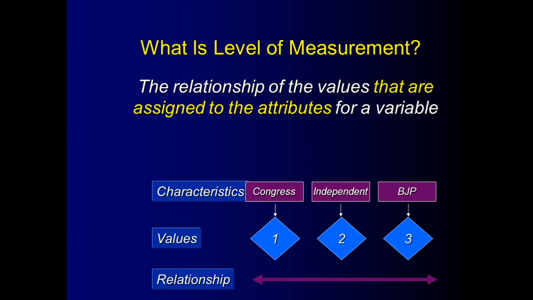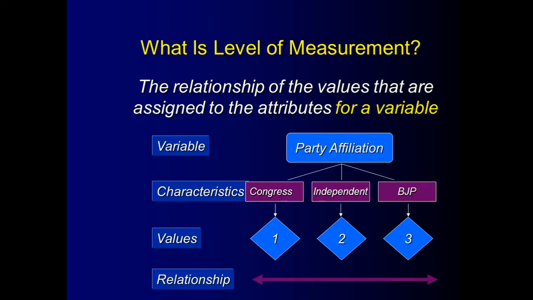And these values establish a relationship to the variable. Similarly, in this slide you can see what a variable is, what its characteristics are, how you translate them into values, which are also called numbers in one sense, and how these values are related to each other and also to the variable.